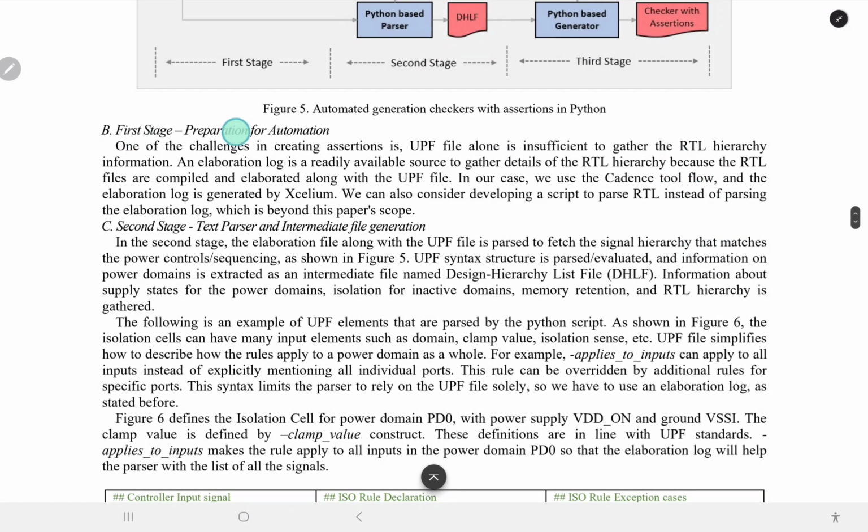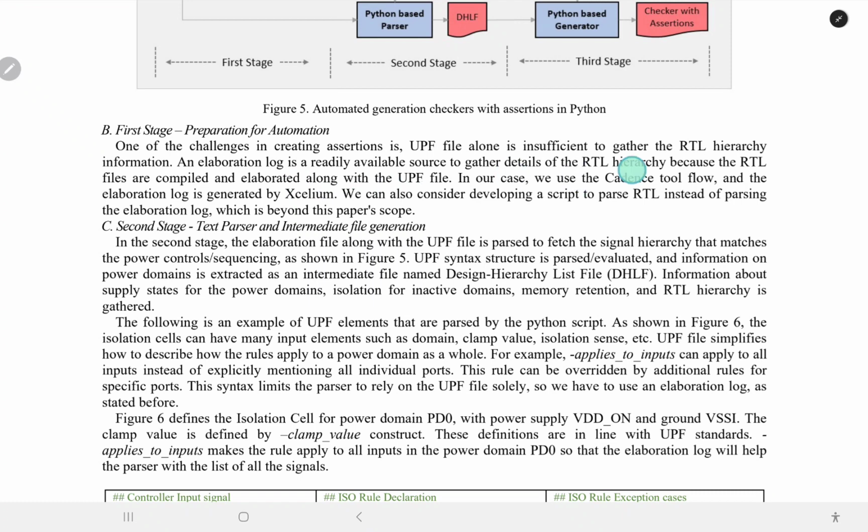The first stage, preparation for the automation. One of the challenges in creating assertions is that UPF files alone are insufficient. We also need to gather the RTL hierarchy information. An elaboration log is a readily available source to gather details of the RTL hierarchy because the RTL files are compiled and elaborated along with the UPF file.